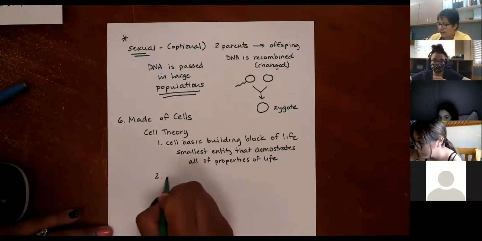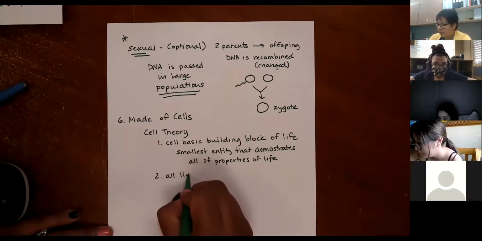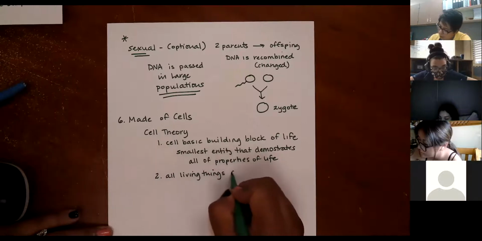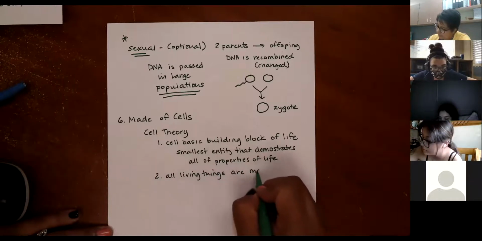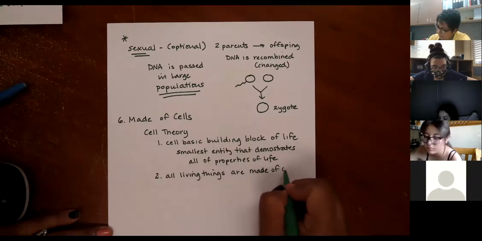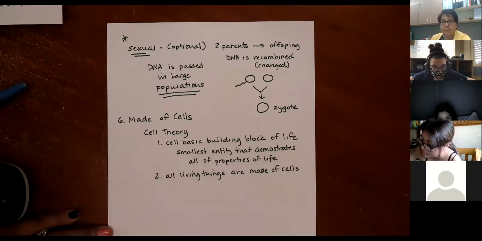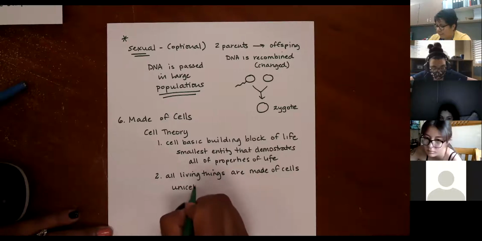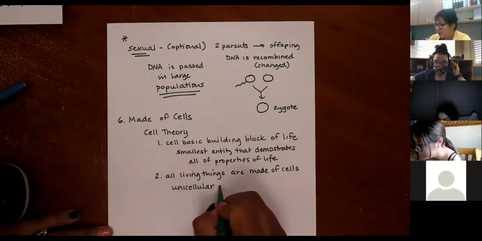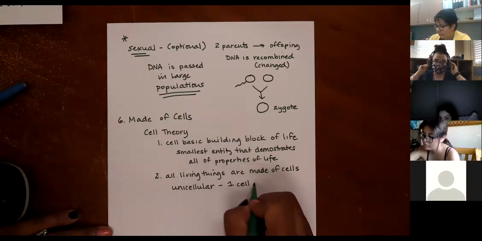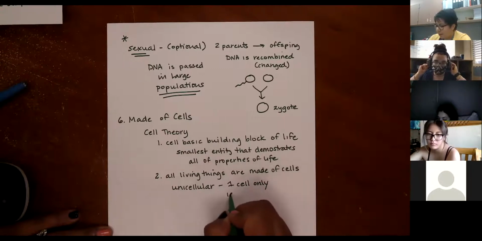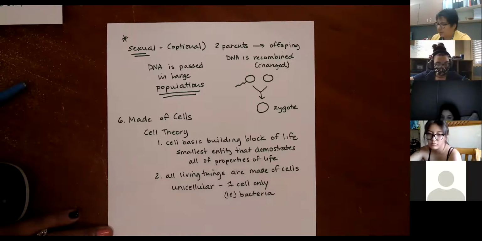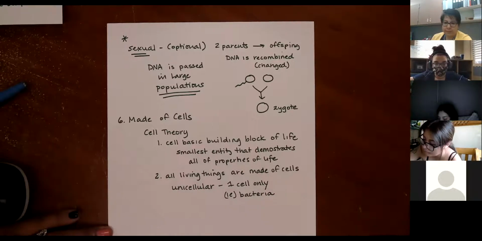The second statement says all living things are made of, you guessed it, cells. Some living things are only one cell big. They're unicellular, like for example, all bacteria. Bacteria are only one cell big.